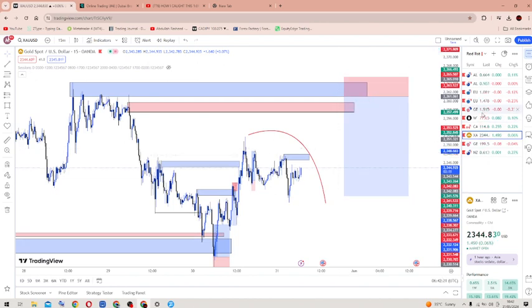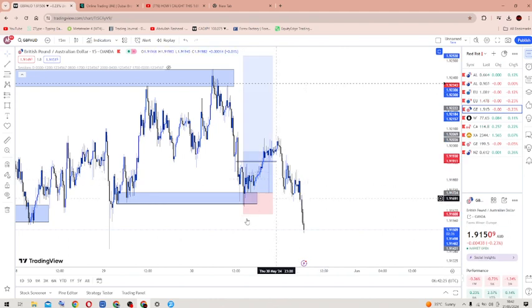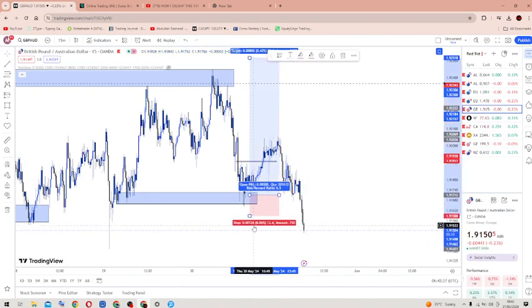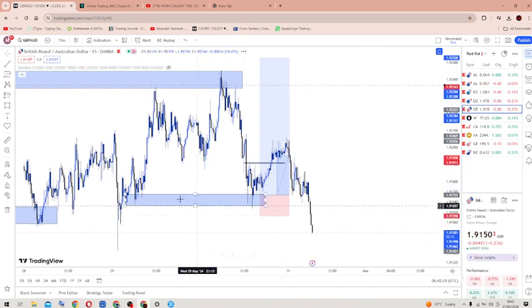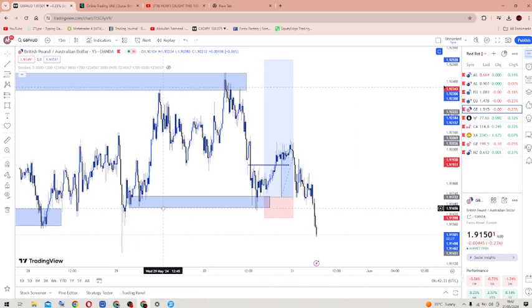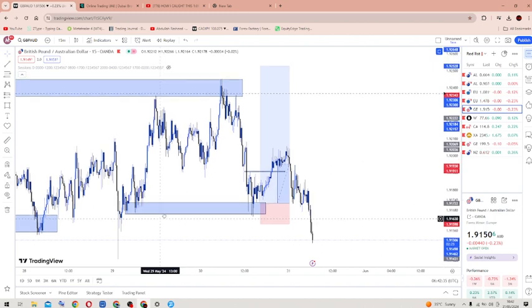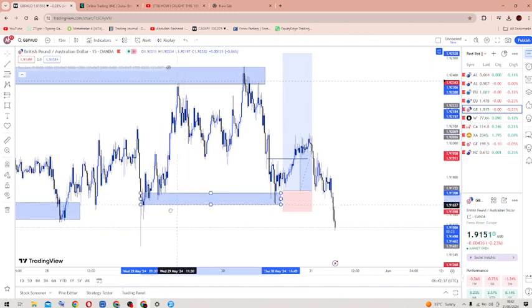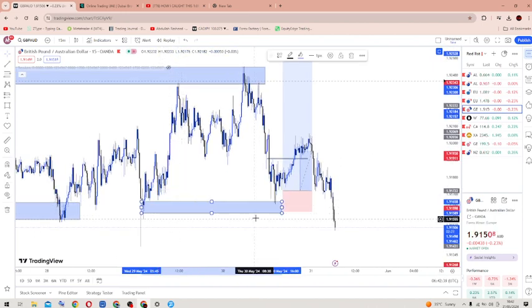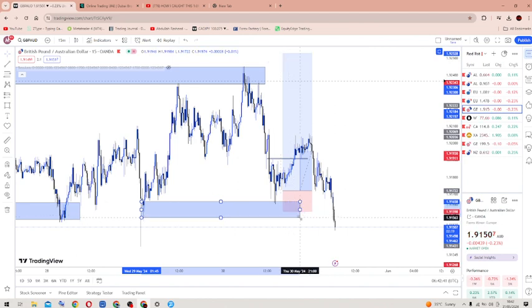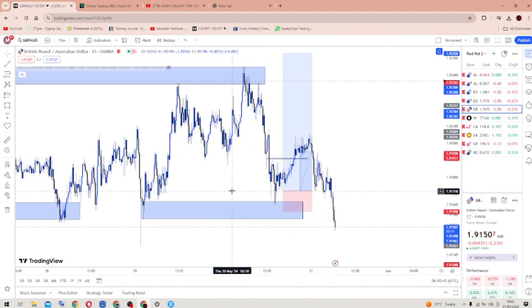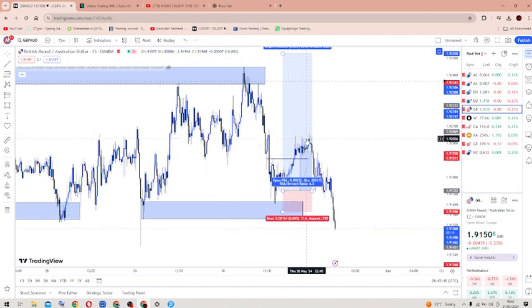Let me show you another pair which did me dirty today. It took me out at break even. Oh dear, this was it. So this is GBPAUD. This was my zone, but I saw it when it was actually quite late.